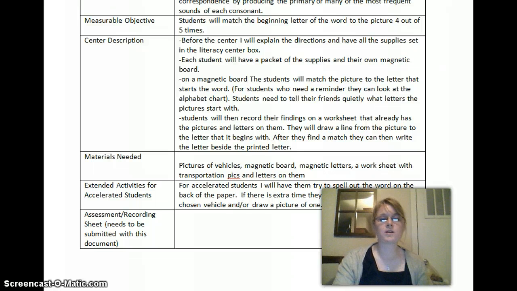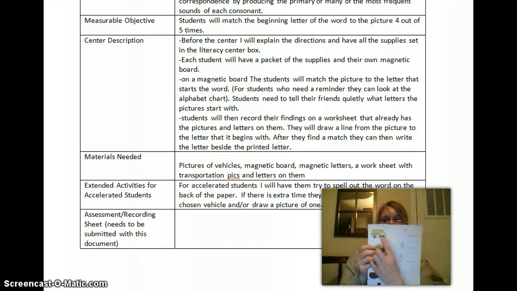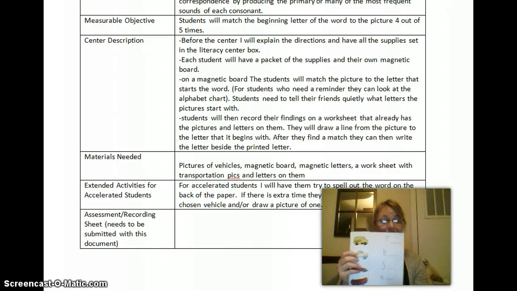On the magnetic board, the students will match the picture to the letter that starts the word, and when they are all done with matching the pictures and the letters, they will grab their worksheet and find what letter begins the word and draw a line to it and write the letter over to the side.